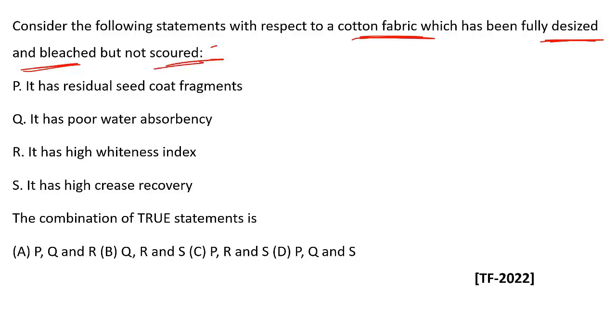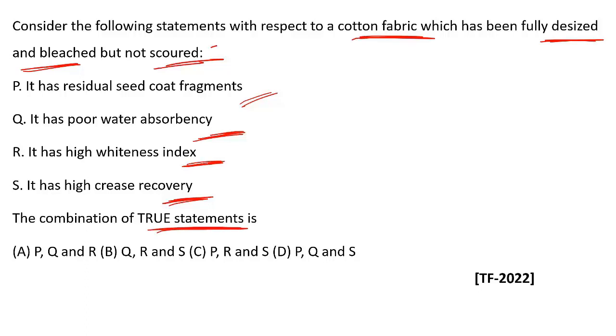What are the typical components found in this kind of desized and bleached fabric which is not scoured? The options are: P, it has residual seed coat fragments; Q, it has poor water absorbency; R, it has a high whiteness index; and S, it has high crease recovery.